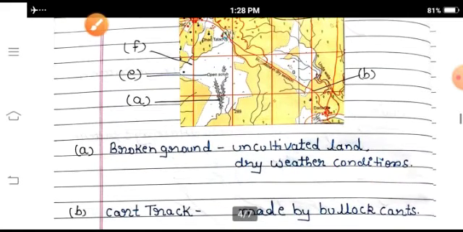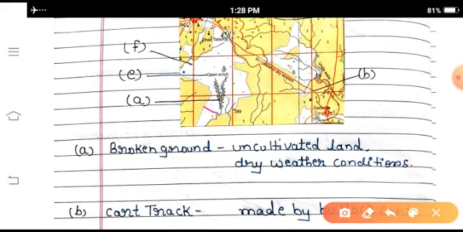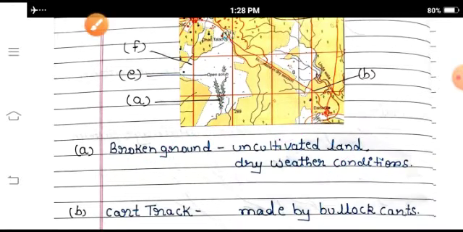Now broken ground, you can see, is the broken black curve line, which is known as broken ground. It shows uncultivated land and dry weather condition.